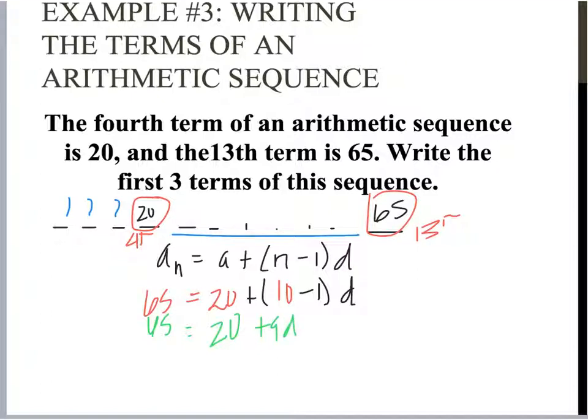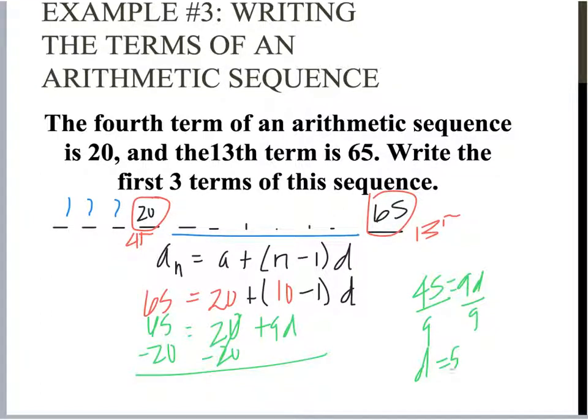If I want to solve for the difference, we're going to subtract 20 on both sides. That's going to give us 45 equal to 9d. And so when we divide by 9 on both sides, we're going to get d equal to 5. So our difference is 5.